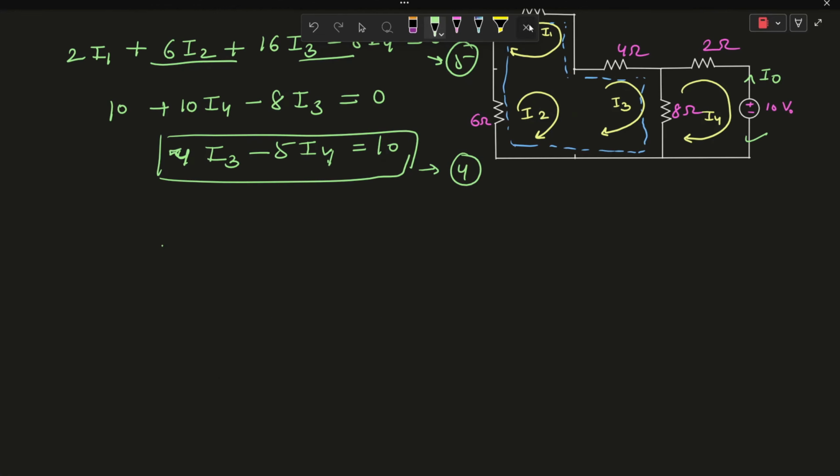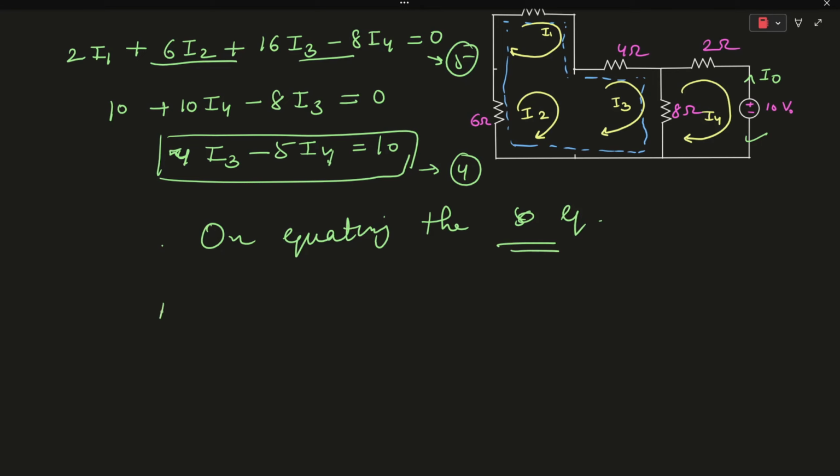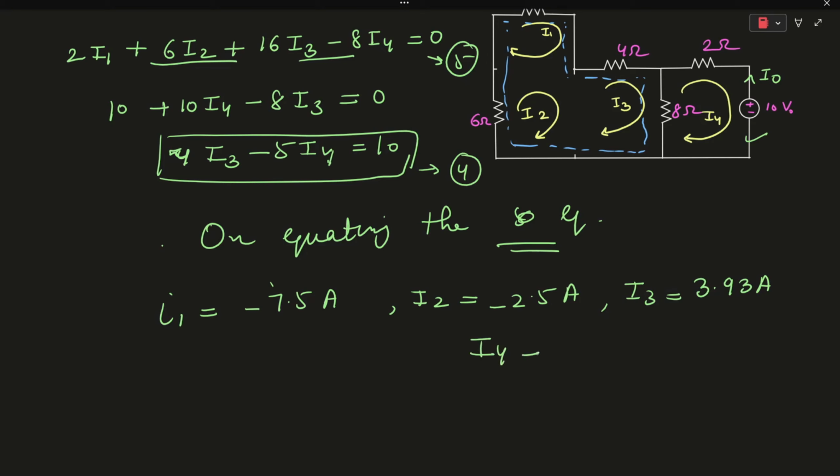On solving the above 5 equations, we are getting I1 equal to minus 7.5 amperes, I2 equal to minus 2.5 amperes, I3 equal to 3.93 amperes, and I4 equal to 2.143 amperes.